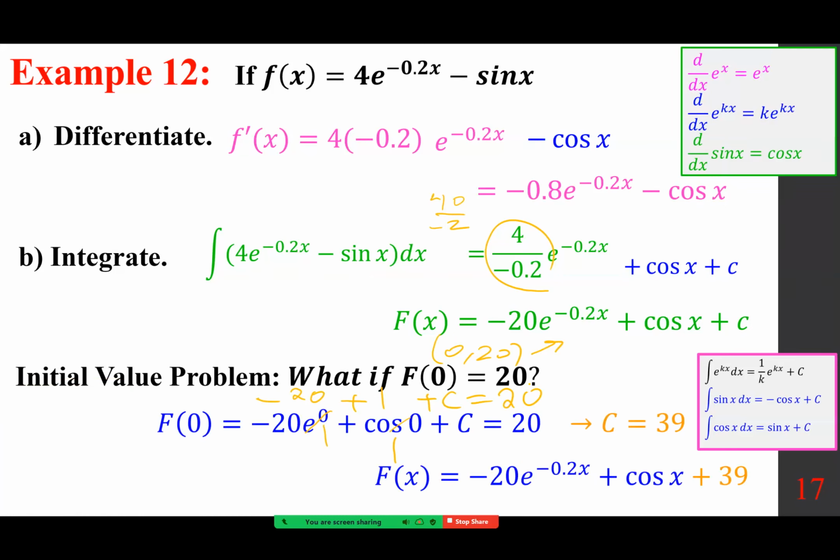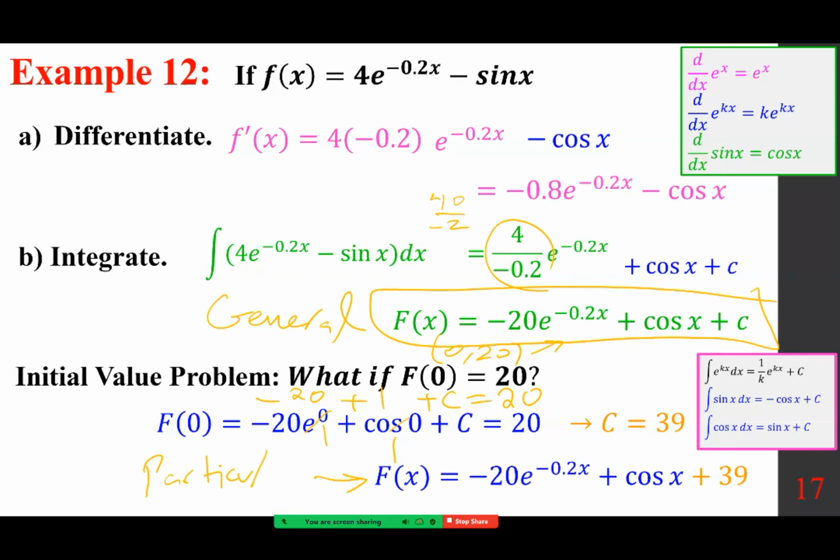And we get this answer, which means this is the general solution because we have a constant. It's a family of functions. And this is a particular solution. So we have infinitely many solutions here because of the constant over here. With the help of one pair, we got to the answer.